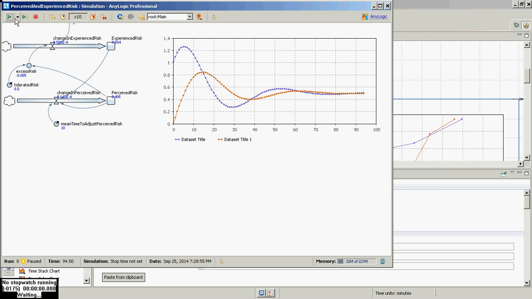And we see these oscillations here. Ladies and gentlemen, this may seem an odd artifact of this particular model. This model is just one of thousands that will illustrate this behavior, but it's a particularly simple one. Ladies and gentlemen, perceived risk here is a delayed version of experienced risk.